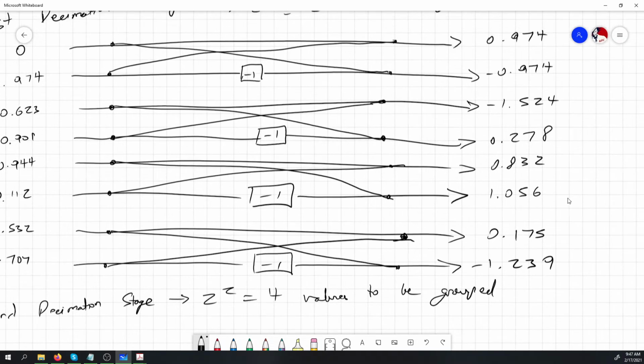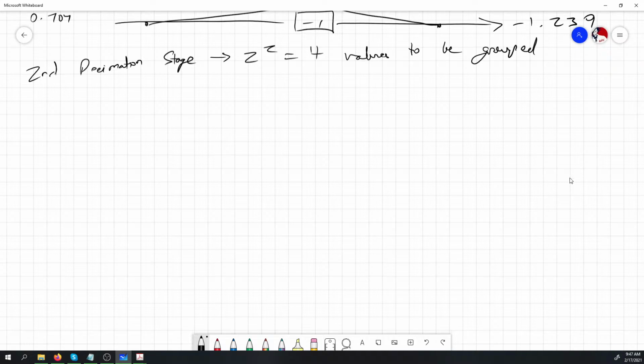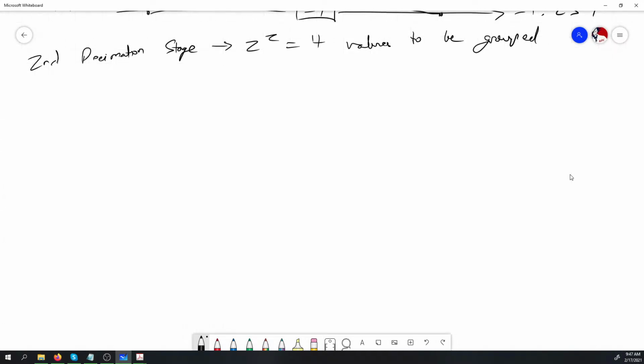So we take the output of the first decimation stage and we're going to put this as our input to our second decimation stage. 0.94, minus 0.9.